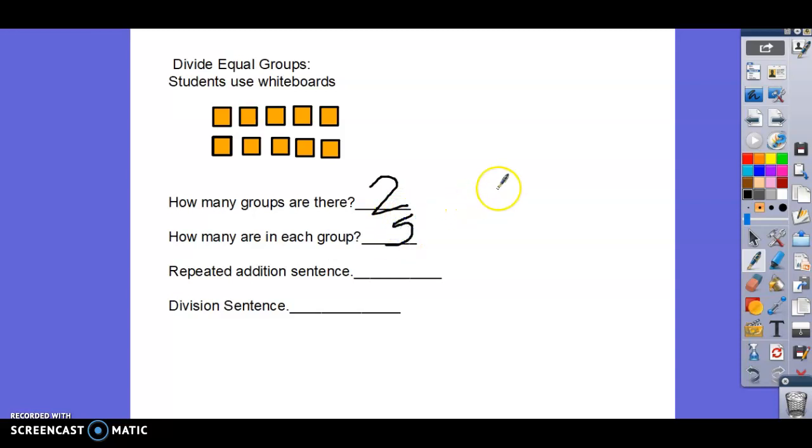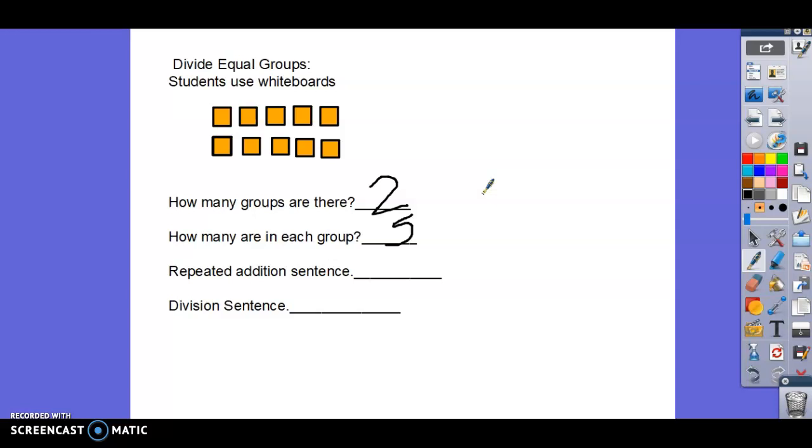Good. Now, I want to write a repeated addition sentence. What would my repeated addition sentence be for this array? Annie? It would be 2 plus 5. Walter?